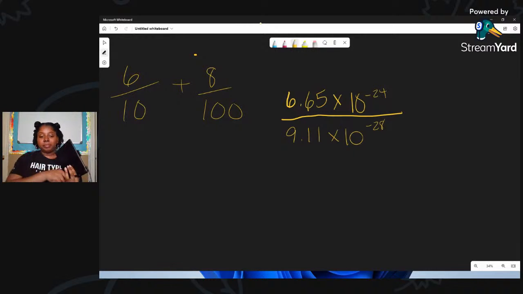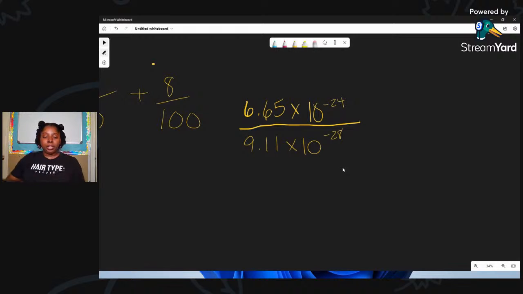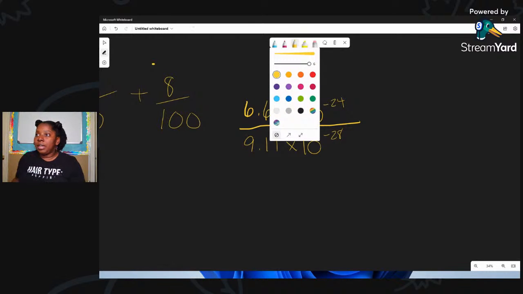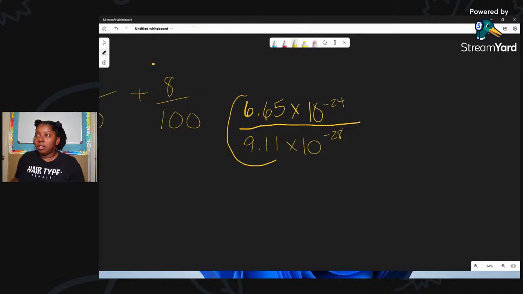Okay. So basically, the first thing you want to do is divide these two right here. Okay. I'm assuming, does your teacher let you use calculators, or are you on your own with having to divide this? Just let me know that.